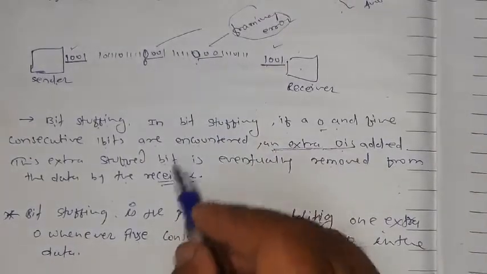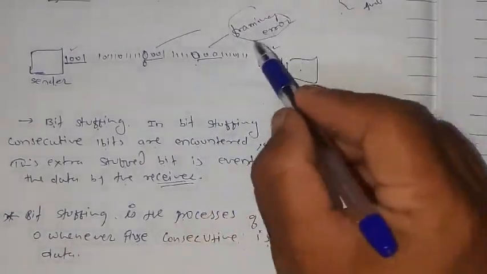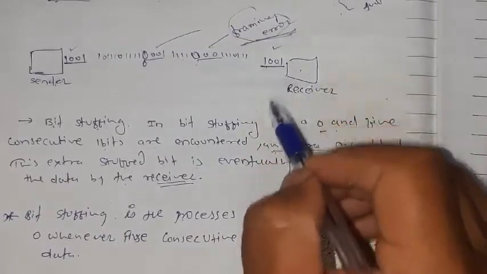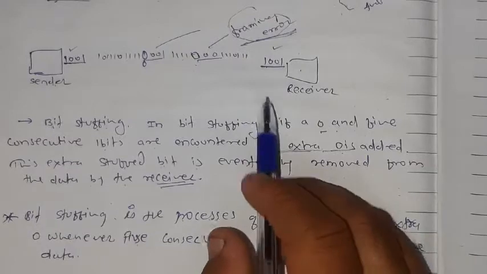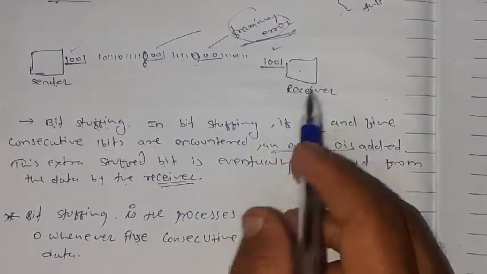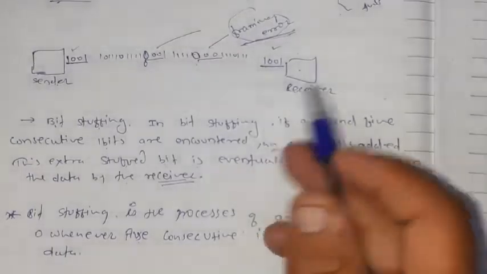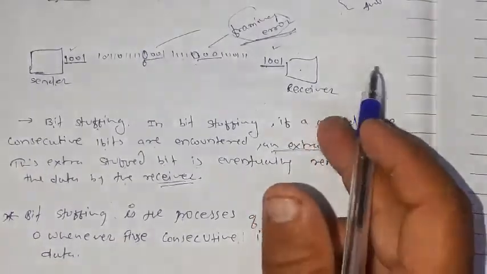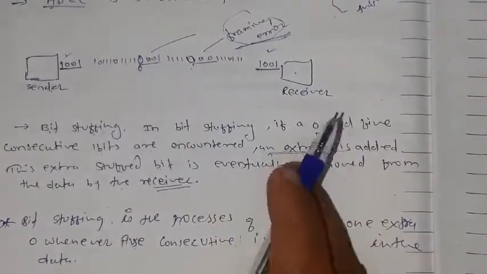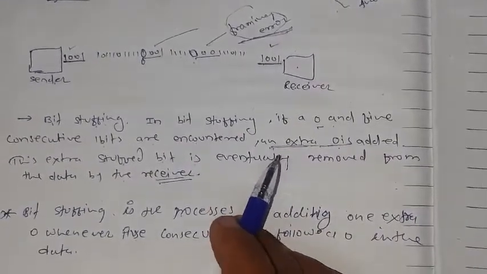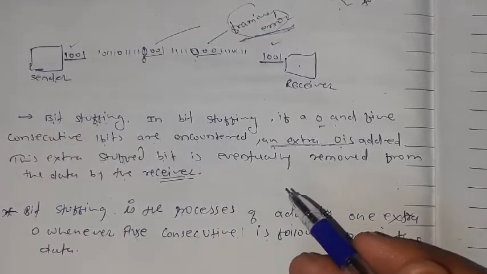So by using bit stuffing, we remove the framing error, or we solve the framing error problem in a bit oriented approach, or sometimes it may also happen with the byte oriented approach. It means character oriented. So the next topic is flow control and error control.